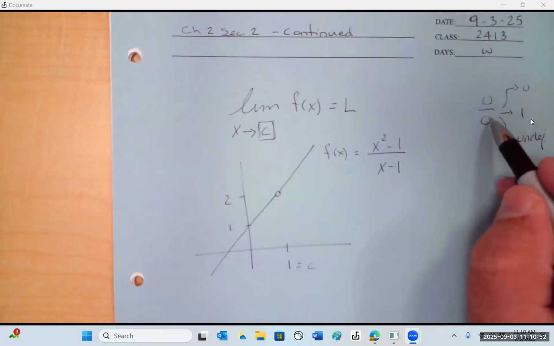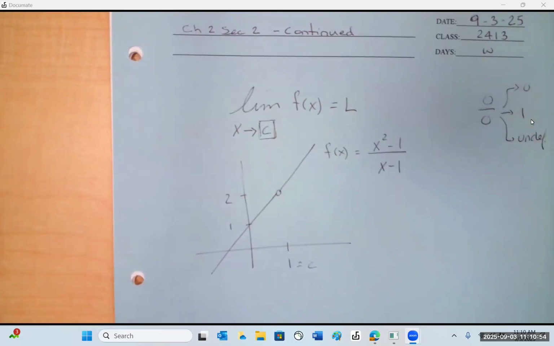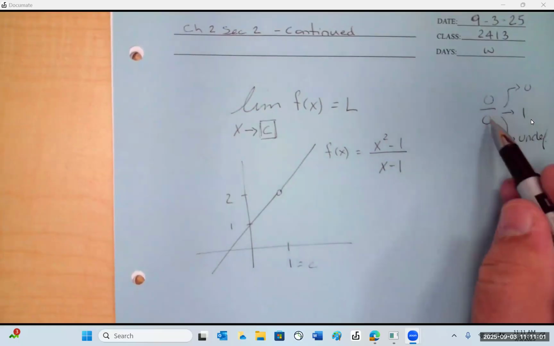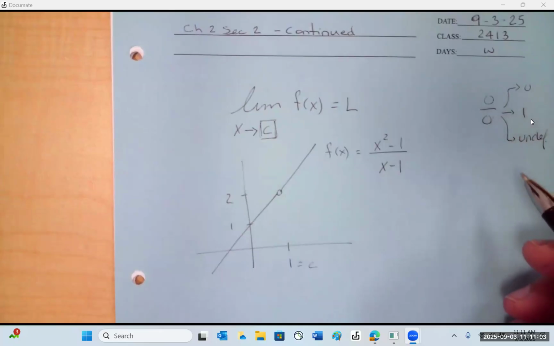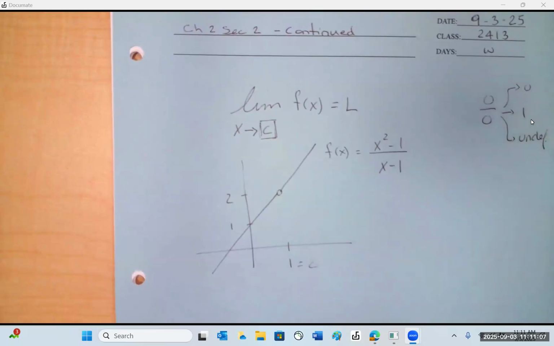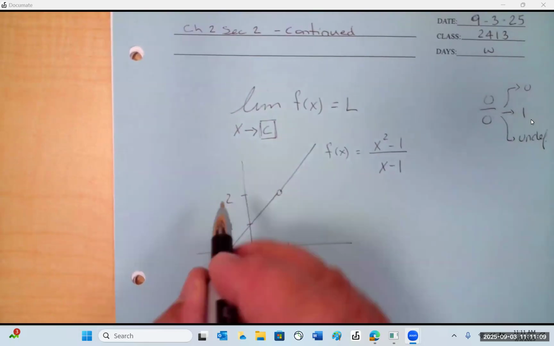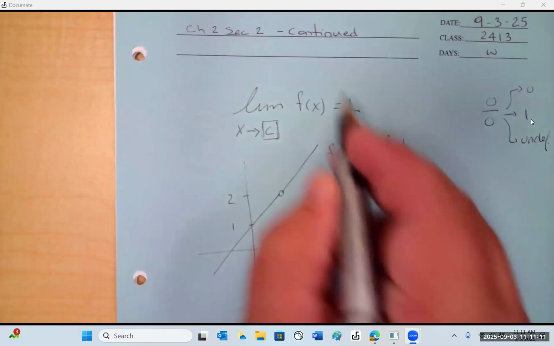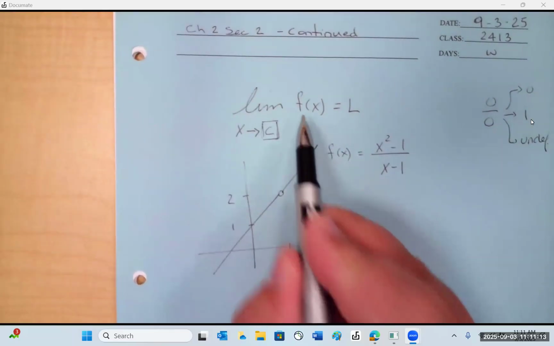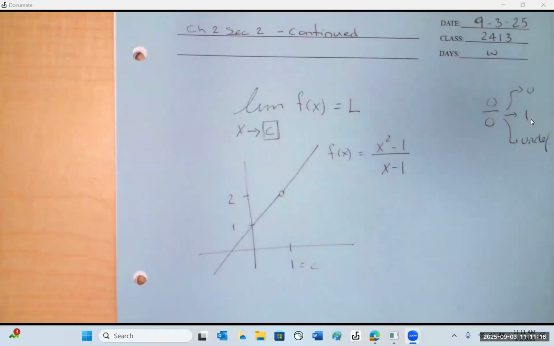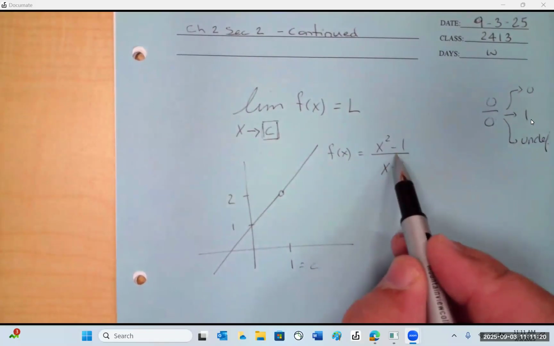Whenever you have 0 over 0, that is a blessing in disguise. As this one told us, whenever you have that, that means it can be simplified. There's something we can do to make it a lot easier. Now, the value 2 in this equation, what's f of x? Out of this example, what's f of x? The function itself.